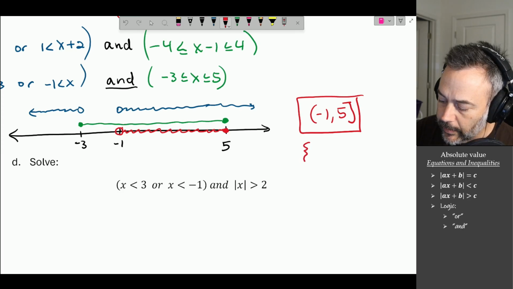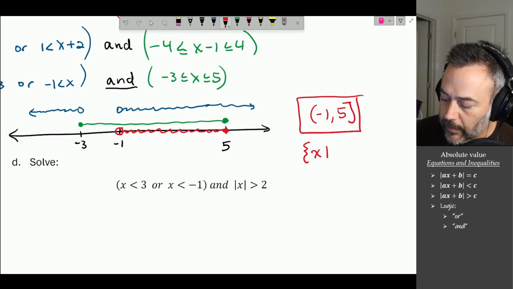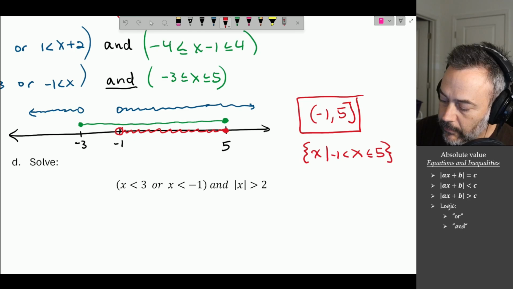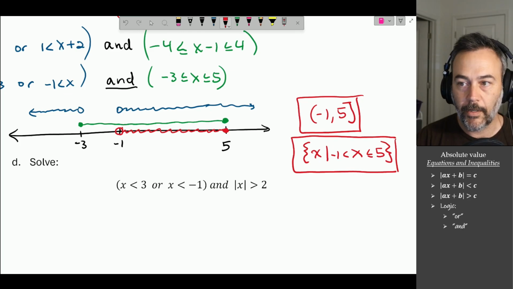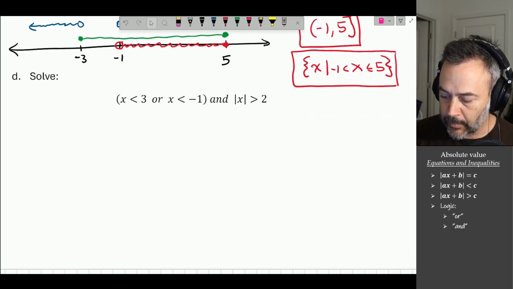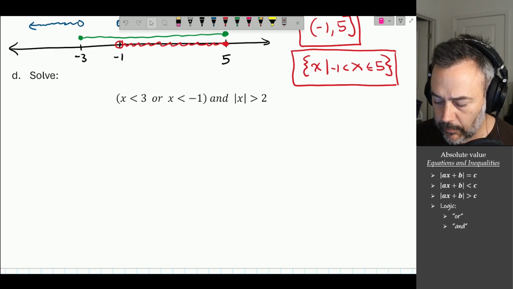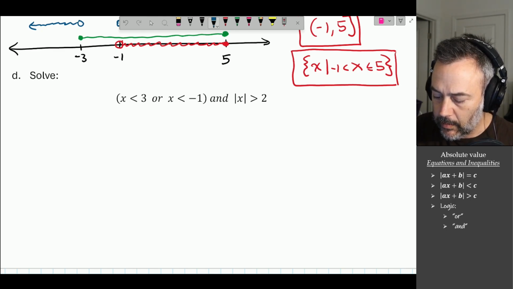Our book would write the set of all x values such that x is greater than negative 1, less than or equal to 5. And we need to be flexible on the different types of notation that are used. Okay, last little quick example is x less than 3 or x less than negative 1.